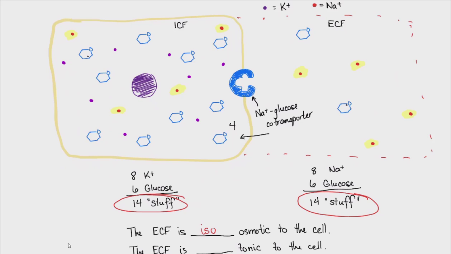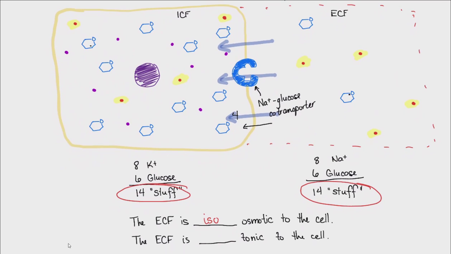Solutes moved into the cell, and therefore water moves towards the direction of more solutes. Since they started out with equal concentrations of solutes, we've now moved some solutes into the cell, and therefore water is going to want to follow. So in this case, as I've drawn it, water will move into the cell, which will swell, and therefore the extracellular fluid is actually hypotonic to the cell.